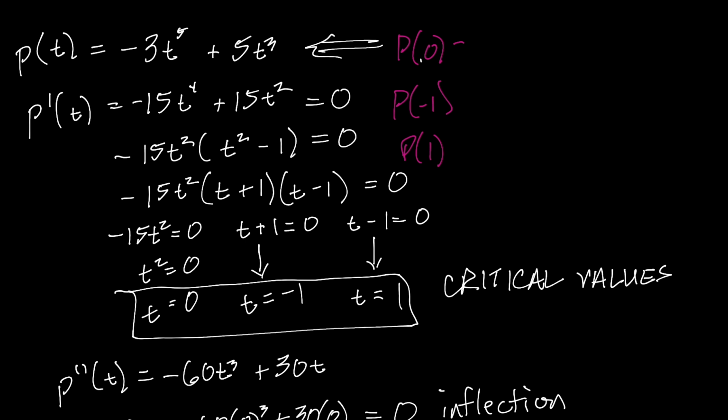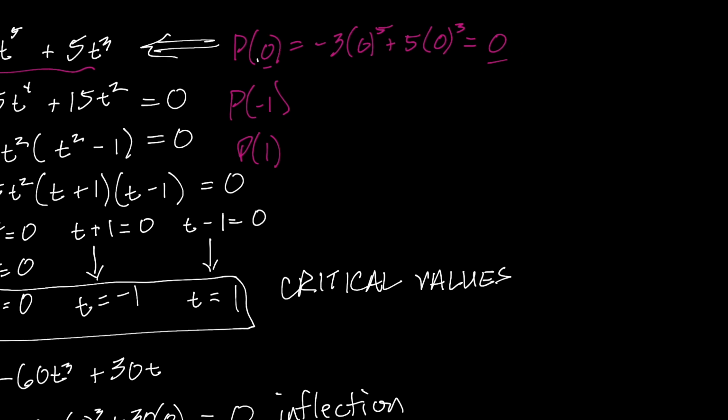All right, so going back up to this function here, we're going to figure out what the actual points are. So negative 3 times 0 to the 5th plus 5 times 0 cubed. So that's 0 plus 0. So 0, 0 is an inflection point. Let me write that. That's good enough.